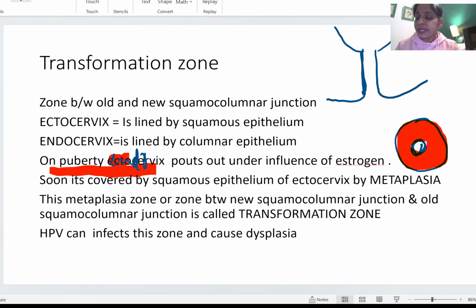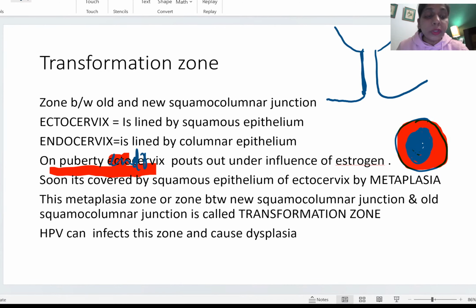The endocervix comes out under the influence of estrogen. In puberty, a new hormone comes in the female body, estrogen. Suppose that this is the endocervix which has come out, which has pouted out under the effect of estrogen.